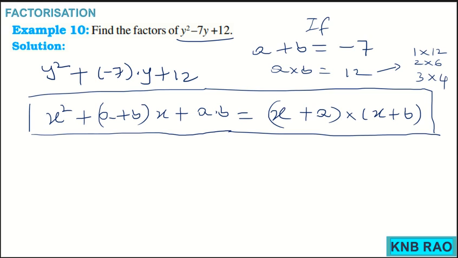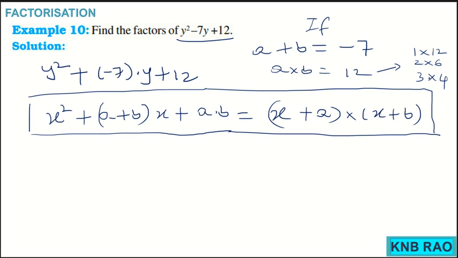Now see children, when I consider a as 1 and b as 12, their sum cannot be minus 7. Their sum is 13. Next, when I consider a as 2 and b as 6, their sum is not minus 7 or 7, their sum is 8.